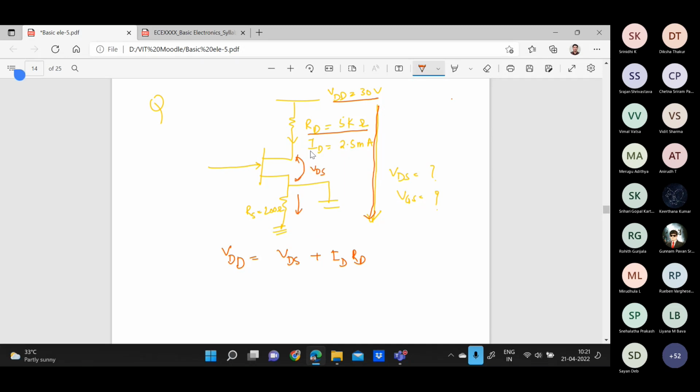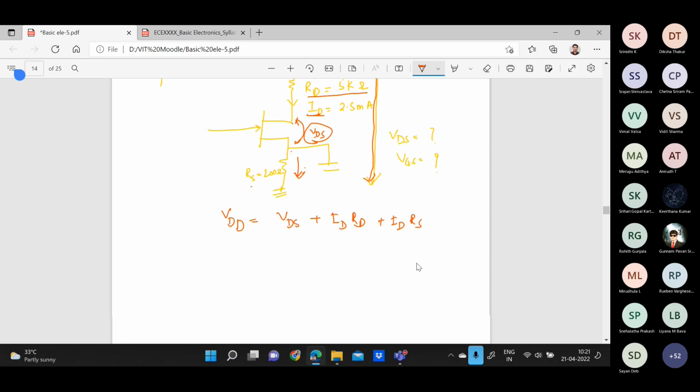Then the same current is flowing here, that is ID, so plus ID into RS. From the source voltage VDD, the current is the same ID as these are connected in series. So ID into RD, then there is a voltage drop from drain to source, then there is a resistance RS, but as the same current is flowing, it will be ID into RS.